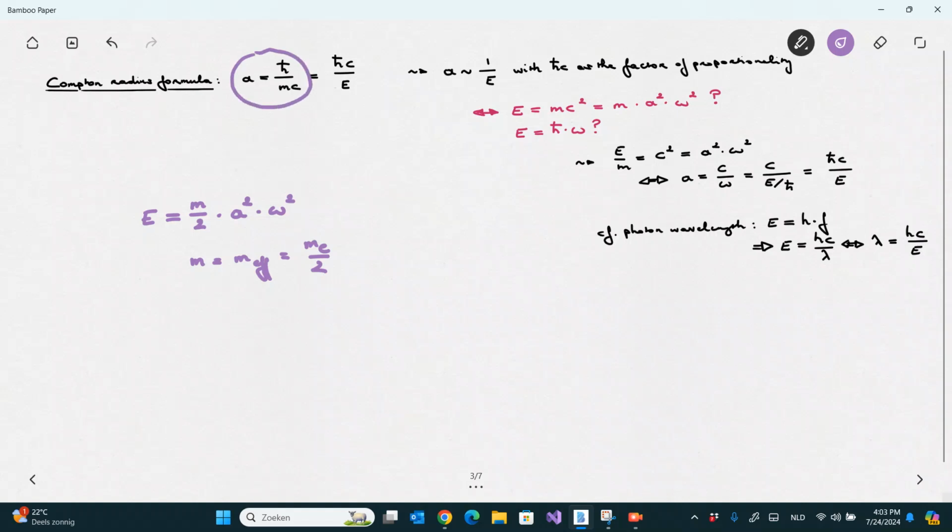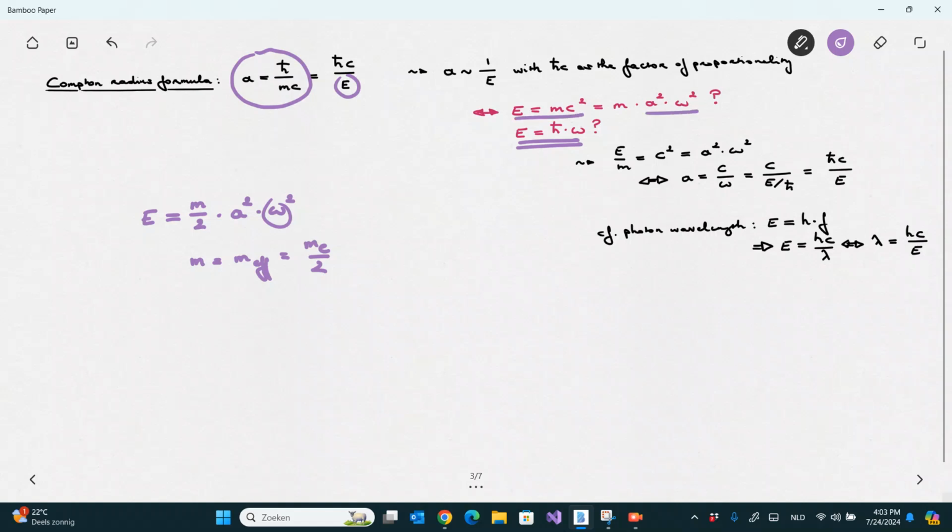But the thing is, your Compton radius formula says that your radius is inversely proportional to the energy. Well, here you would say energy proportional to the square. So how does that work out? It works out very easily, because we have a frequency factor that makes up for it.